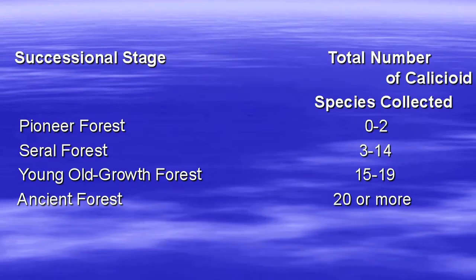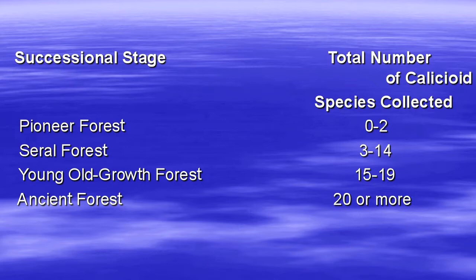Okay, this is instead of a ranking system based on 30 indicator species. In 1998, I switched views and I took a subset of all those 30, and that became the index based solely on the Calicioid lichens and fungi.